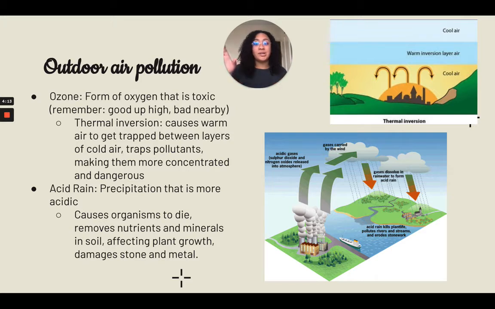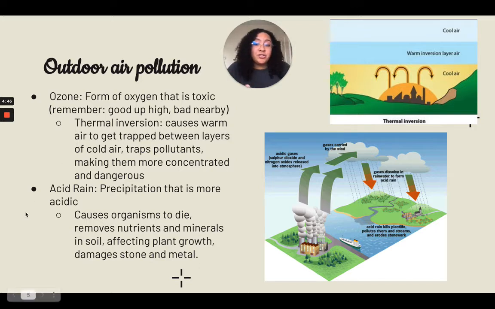But when ozone is lowered and closer to us as a population, that's when it's toxic to us. Okay, so it's able to reach us and cause issues. And that's caused by thermal inversion. So warm air gets trapped between layers of cold air, and that warm air traps those pollutants and traps the ozone, making the pollutants more concentrated and dangerous for us. So thermal inversion is bad.